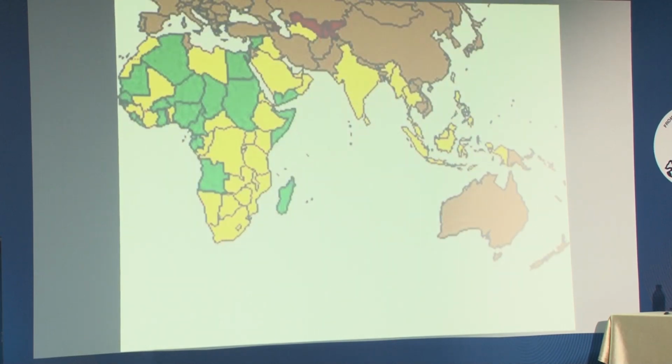This is a global map showing the prevalence of low vision, and the prevalence of low vision in India is 1.6%, and it falls in the category of moderate prevalence.